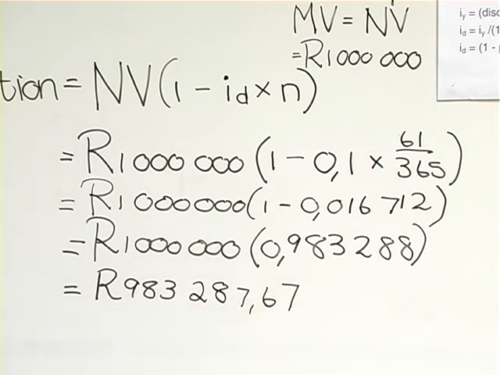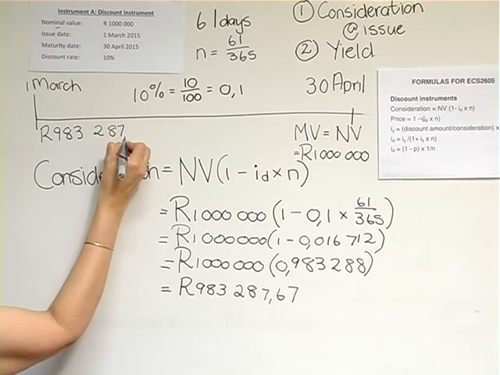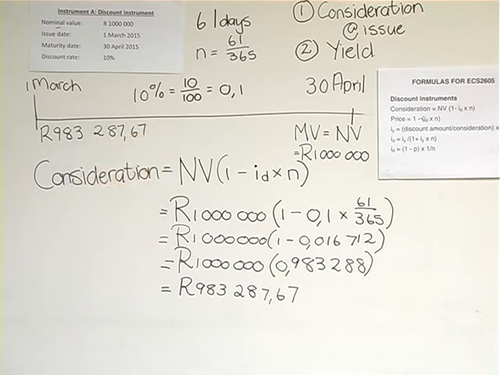Right. So this is the amount that's going to be paid for this discount instrument on the 1st of March: 983,287 rand and 67 cents.